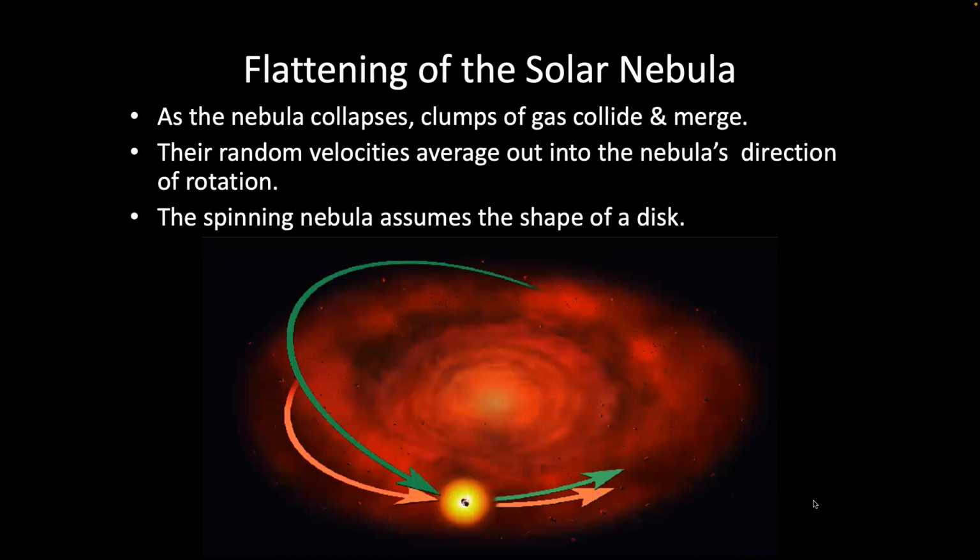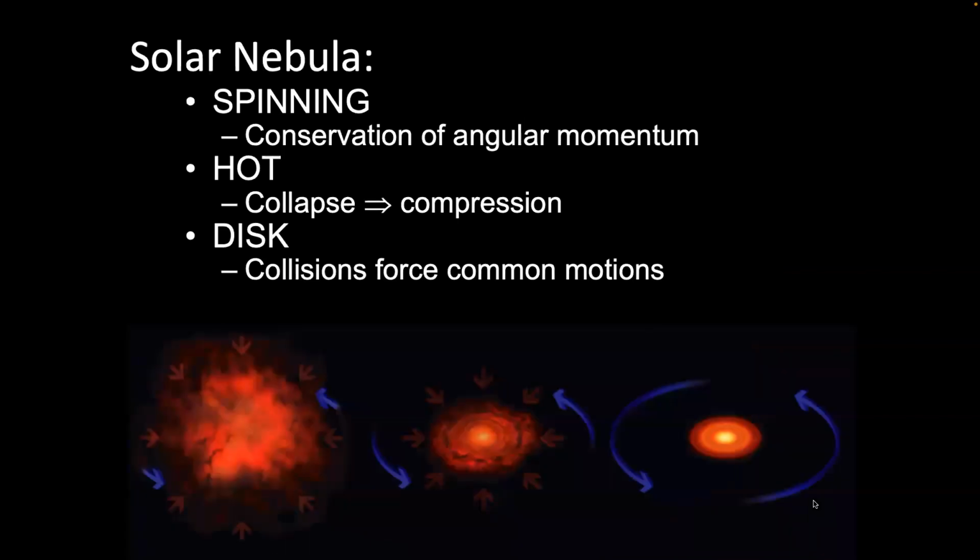Kind of unique. But now we fully understand it. Disk, I got it. So spinning causes it by conservation of angular momentum. Heat causes compression. And the disk is just from being forced through common motion.